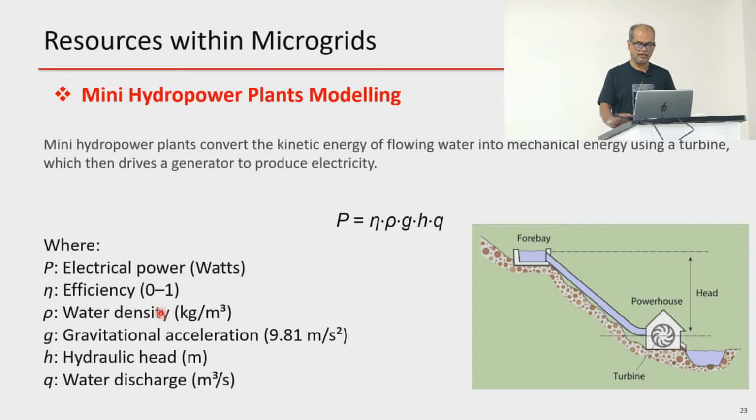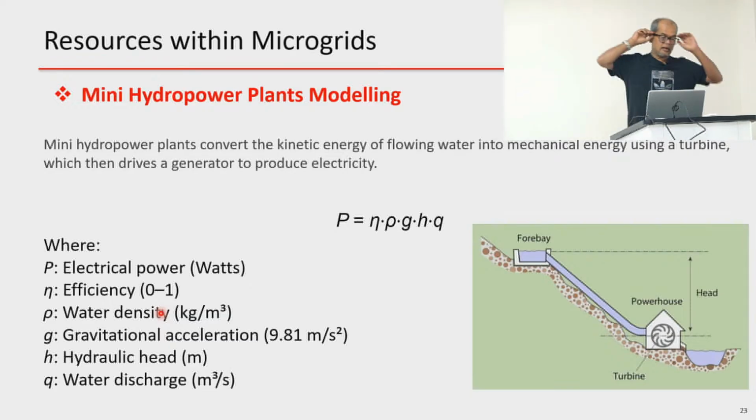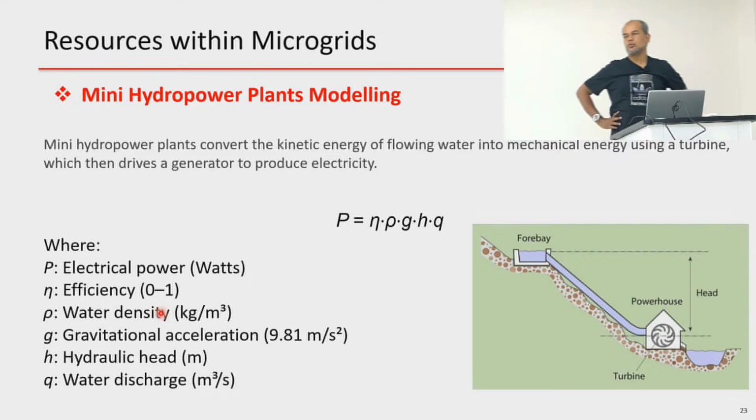Anyway, I'll just quickly go through this, but in any case, if you want to design a microgrid, whatever device you're going to utilize, at least you need to know the basic modeling.